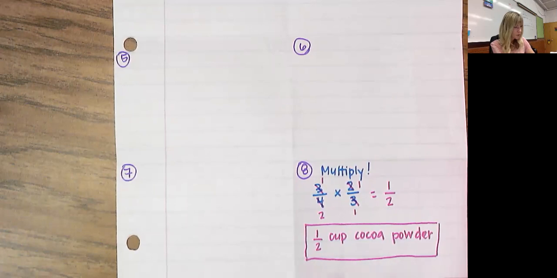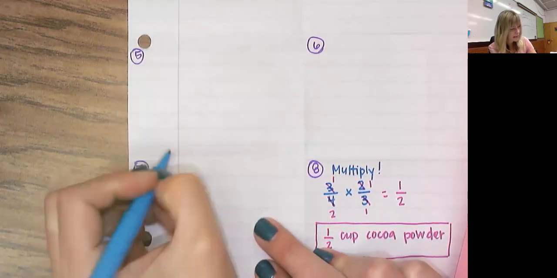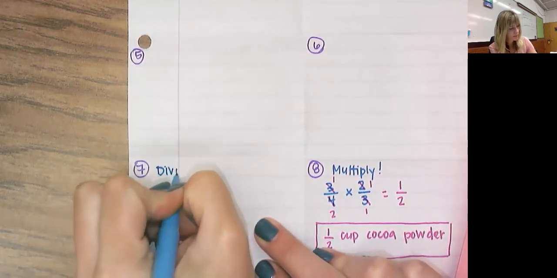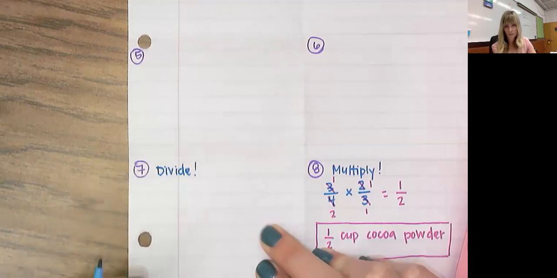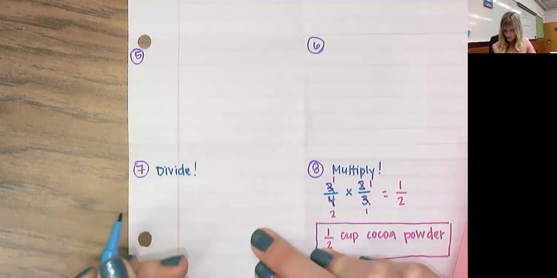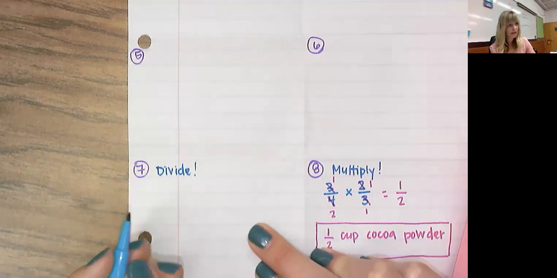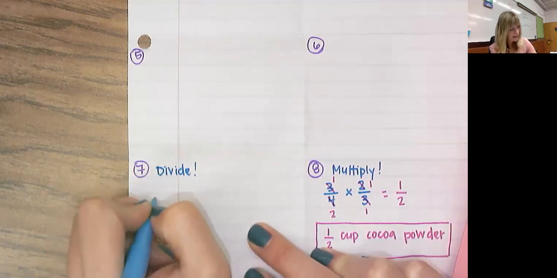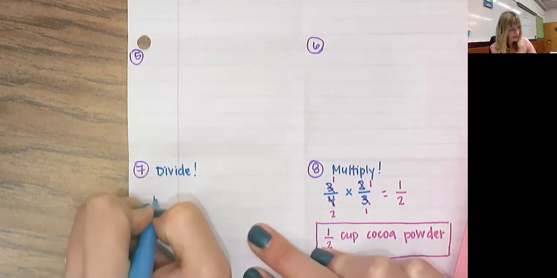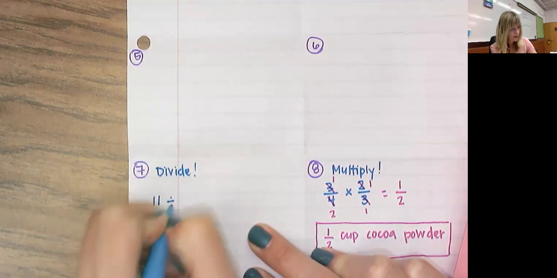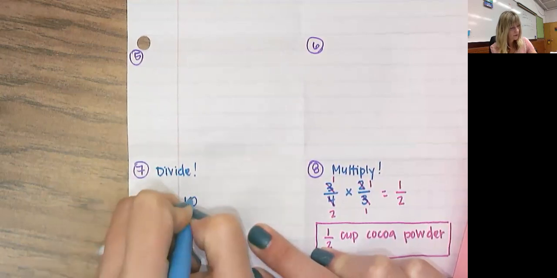We know the total, therefore number 7 is a divide problem. What is Simon's rate of water use in gallons per minute? That is a hint to me that I should do gallons divided by minutes.